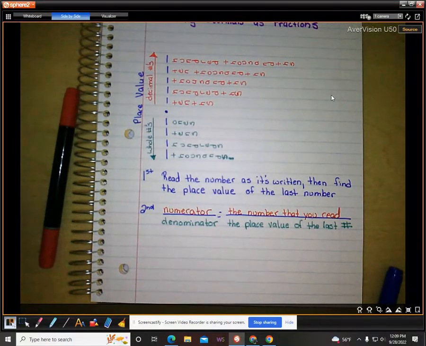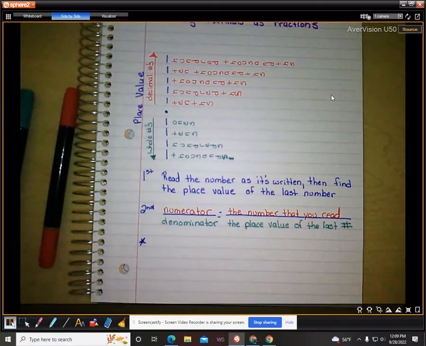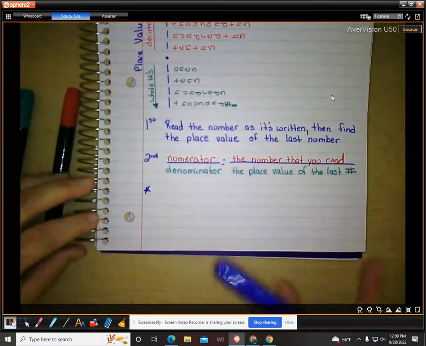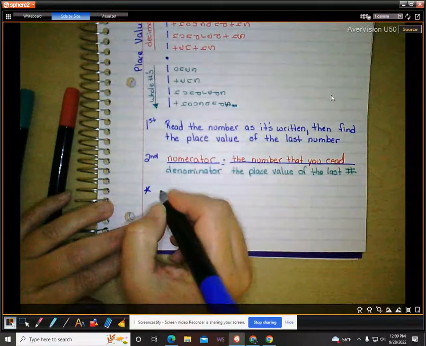Then there is one thing you need to pay attention to. And we'll go over this in our examples. If there is a number before the decimal point, that is the whole number of your fraction.